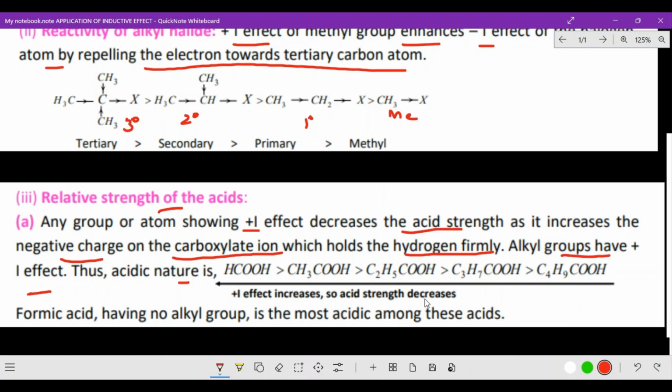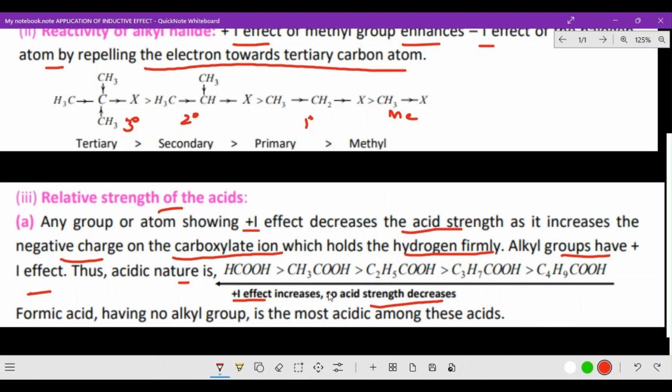So the number of carbons increases, that means the number of alkyl groups increases. Naturally, acidic strength decreases. That is mentioned very clearly: any group or atom showing plus I effect decreases the acid strength. Right. Now as plus I effect increases, acid strength decreases.